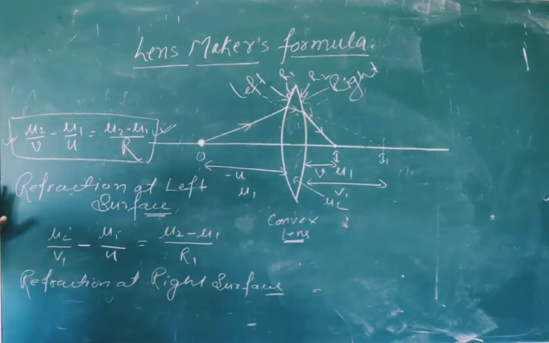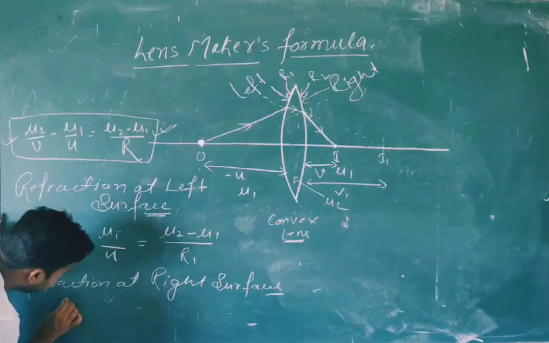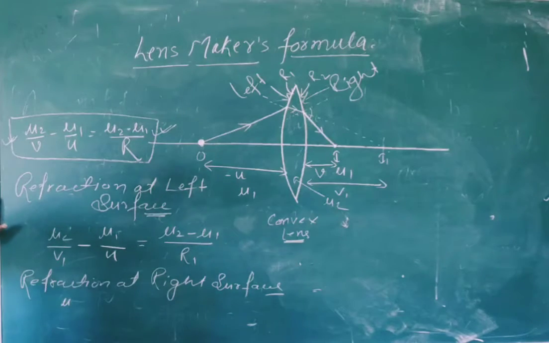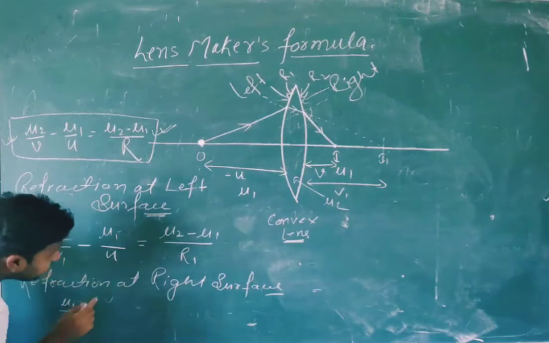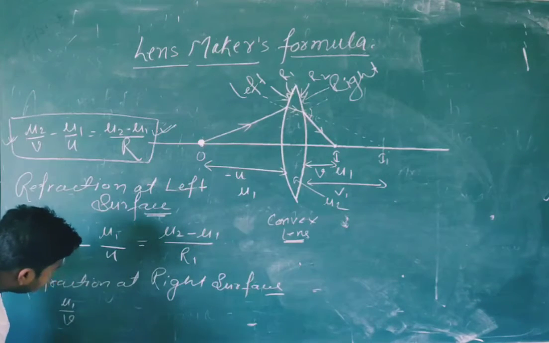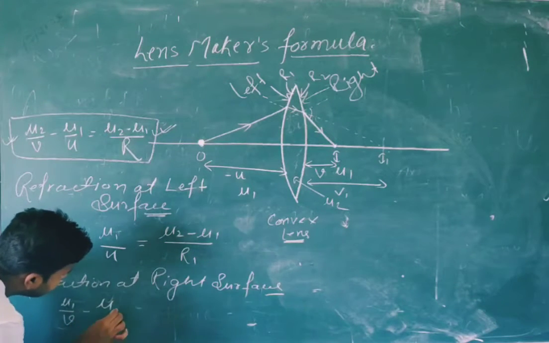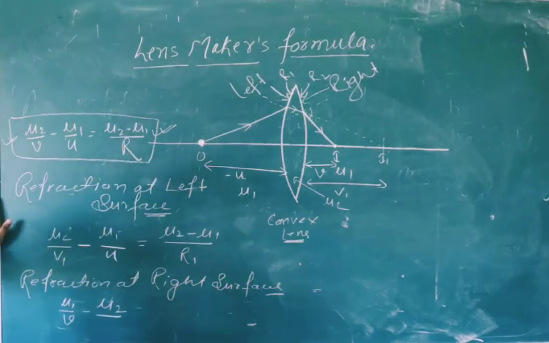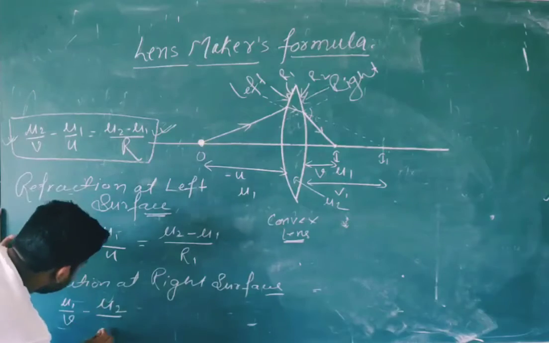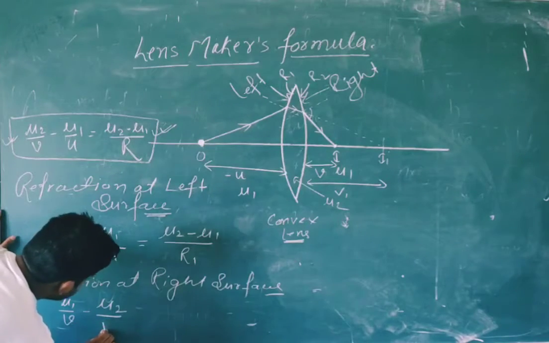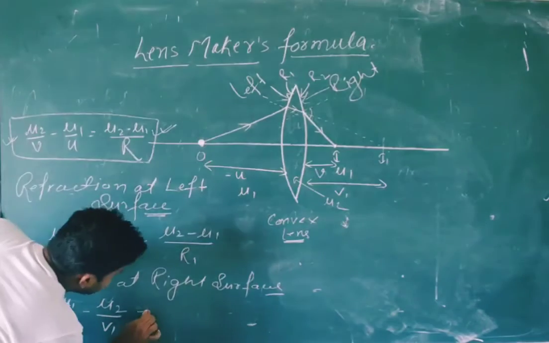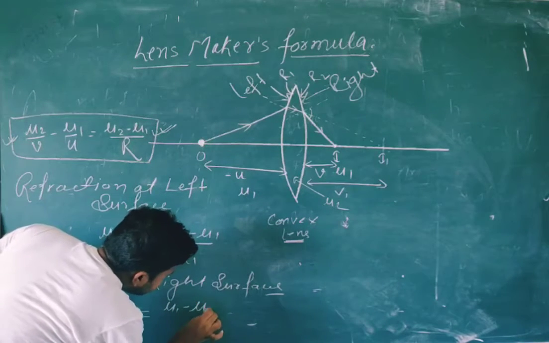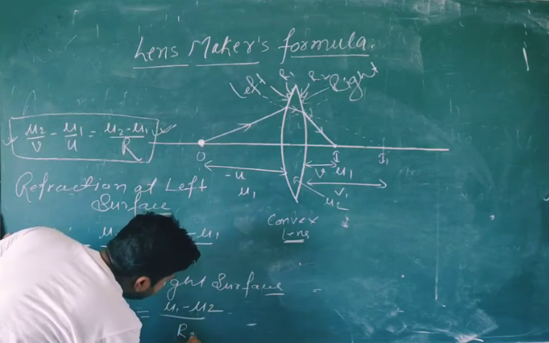We can write mu1 divided by V minus mu2 divided by V1, it's in the denser medium, that's why I am writing mu2, is equal to (mu1 minus mu2) divided by R2.